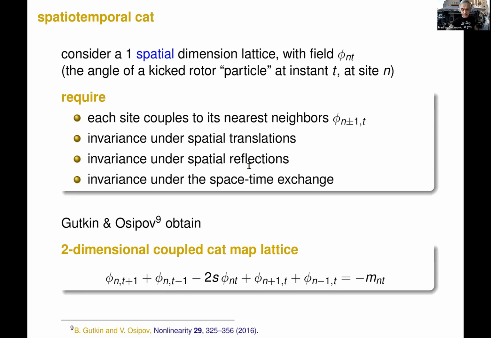And Gutkin and Osipov did this in 2016, and they got out of this a two-dimensional coupled map lattice, which looks very much like the one-dimensional one, except now you have to compare neighbors in space and neighbors in time. And then you have to stretch yourself, and it turns out the dimension of the space comes in here.